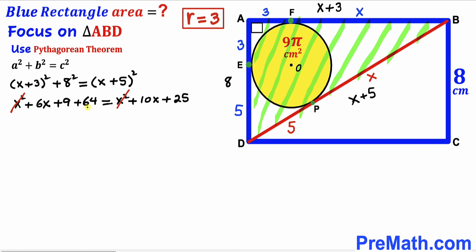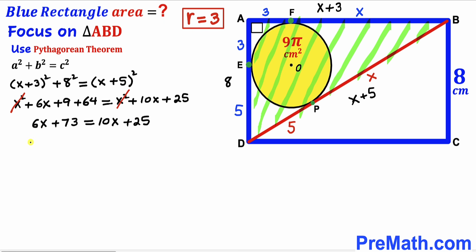And now we are going to combine the like terms. So this is going to give us 6x plus 73 is going to be equal to 10x plus 25. And now I'm going to move this 6x in the opposite direction, and likewise I'm going to move this 25 in the other direction as well.